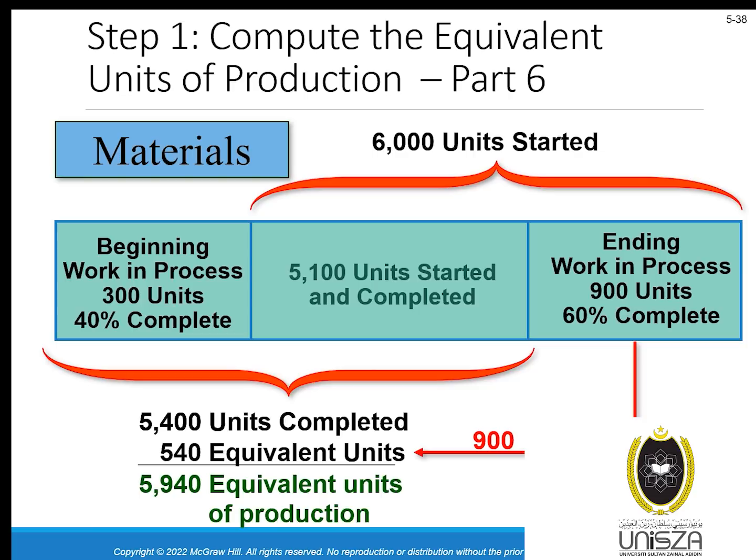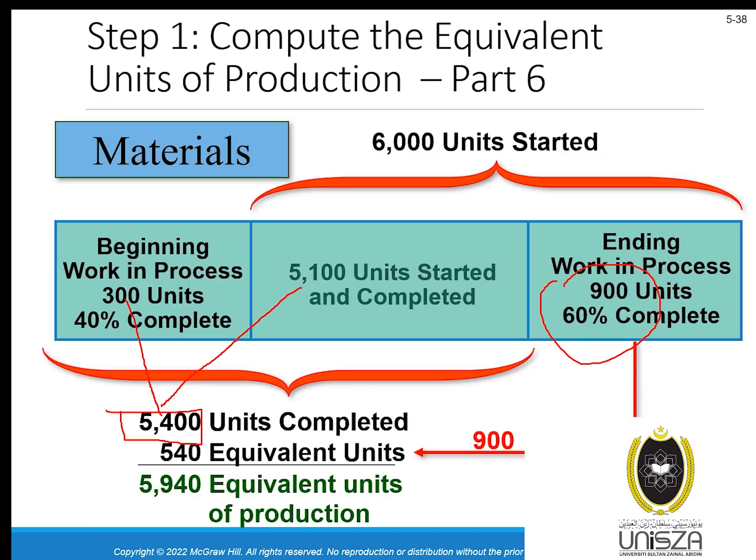Add that together with the 300 here, then we get 5,400, comprising 300 and 5,100. And for the equivalent units, it comes from here, so we get 540 and the equivalent is 5940. So this is for the materials.